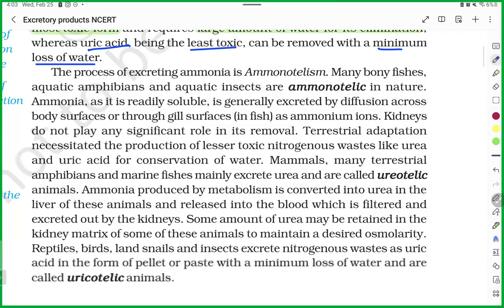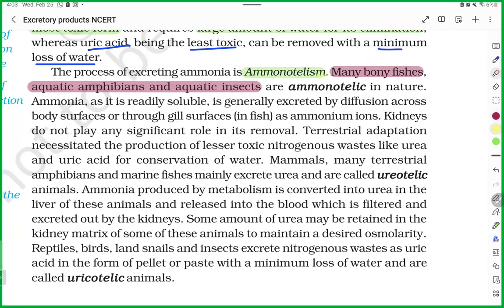Organisms that produce ammonia are ammonotelic. Examples are extremely important: bony fish, aquatic amphibians, and aquatic insects are ammonotelic in nature, correct? Ammonia can easily dissolve in water.